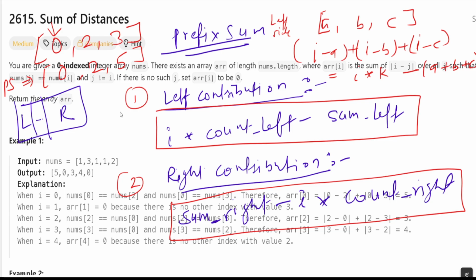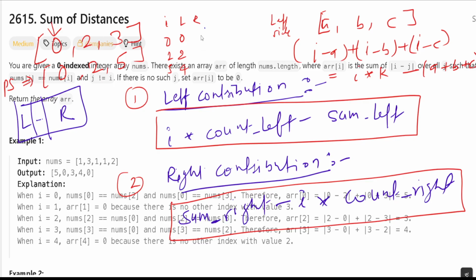I hope you understand. Give me one second, let me write here. Let's think that the indices were 0, 2 and 5. At left we get 0, 2 and 4.